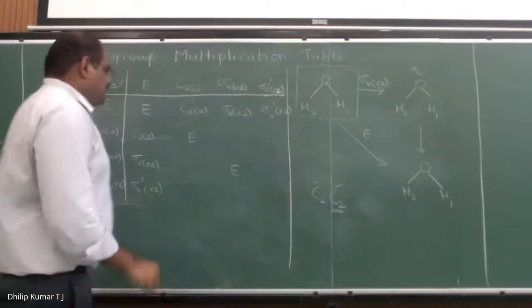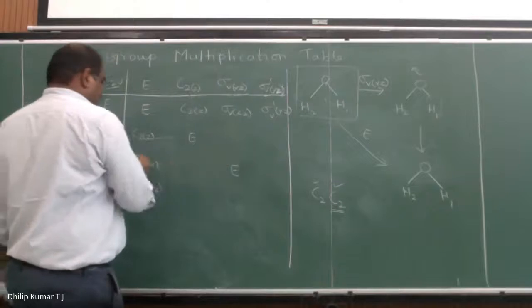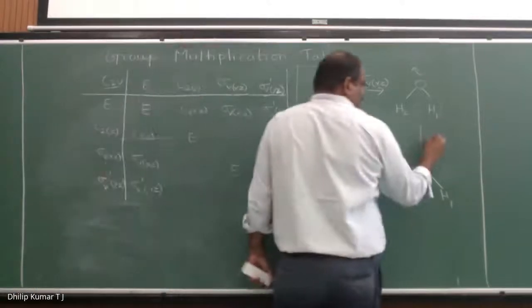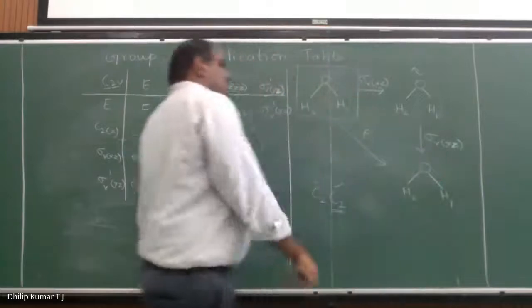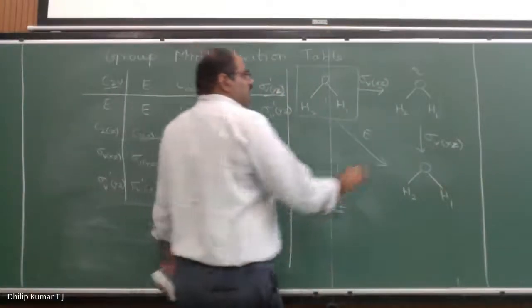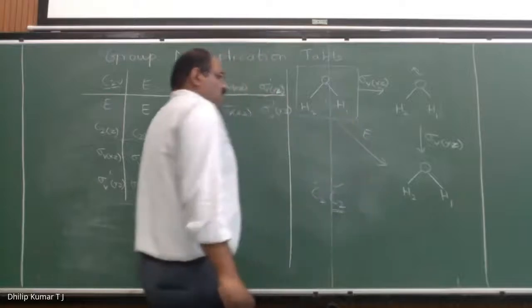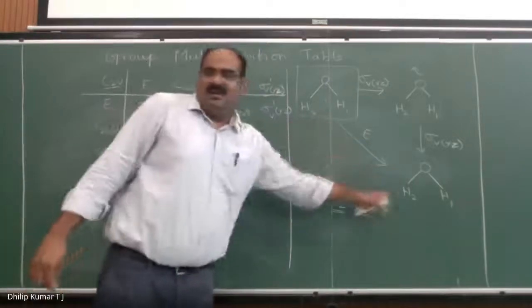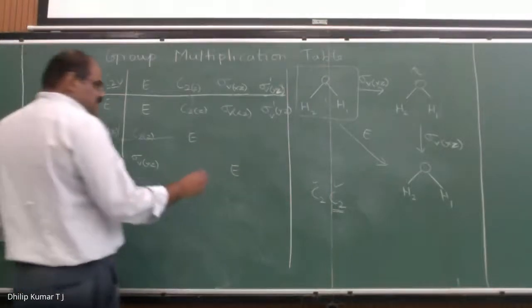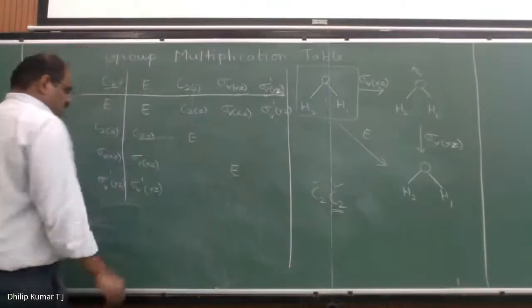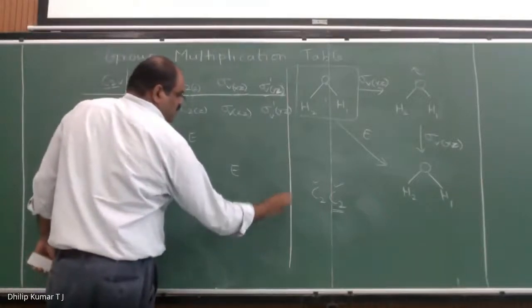So this is sigma V, we have done it. There is another sigma V of Xz we are going to perform. If you place the mirror on top of it again, nothing is going to change. So it is as such E. We can see the starting and the end have the same structure, so you call it E. Similarly, you can do it for sigma V prime, and sigma V prime will result in E.